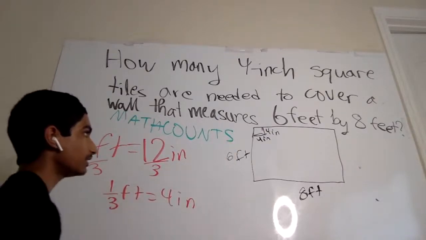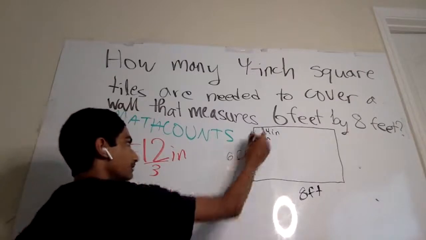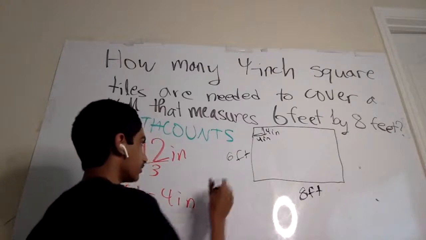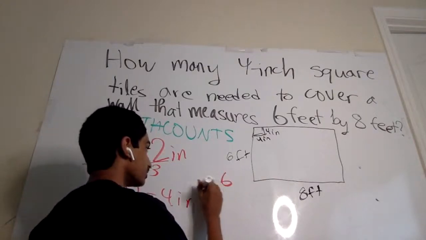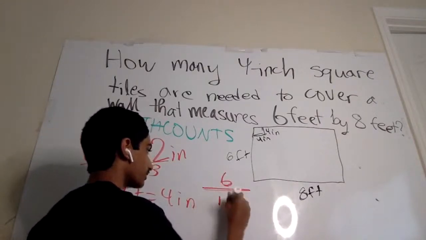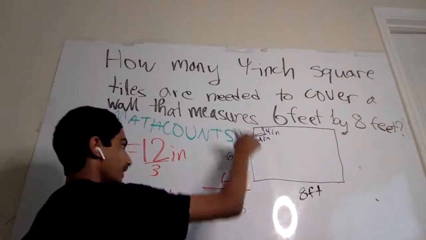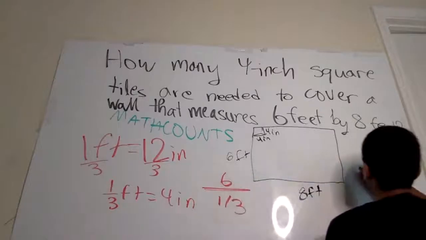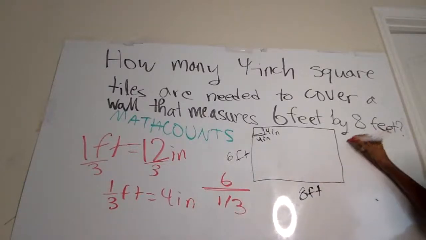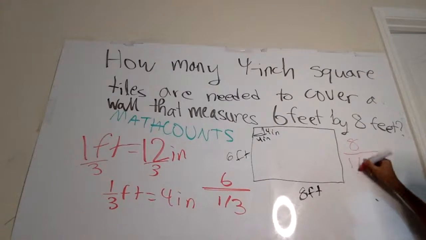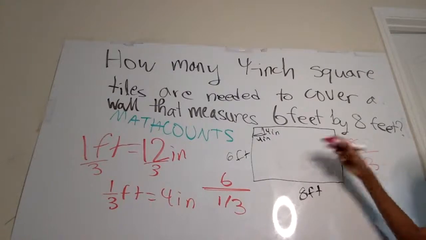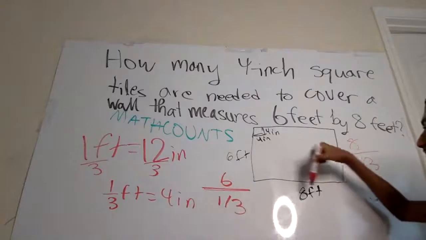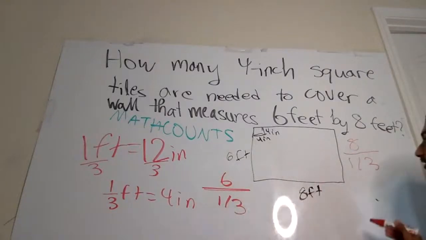So now that we have 6 feet on the left side, and it's 4 inches tall, which is also 1/3 of a foot tall, we do 6 divided by 1/3 to find how many squares can fit vertically. And to find out how many squares can fit horizontally, we do 8 divided by 1/3.